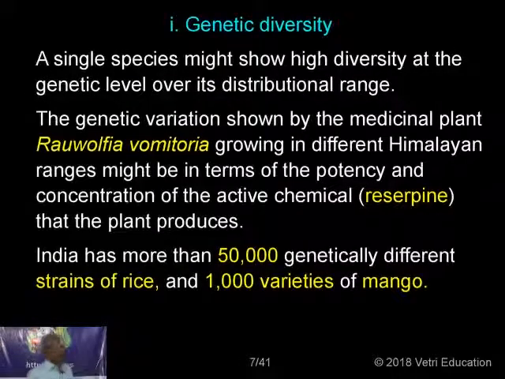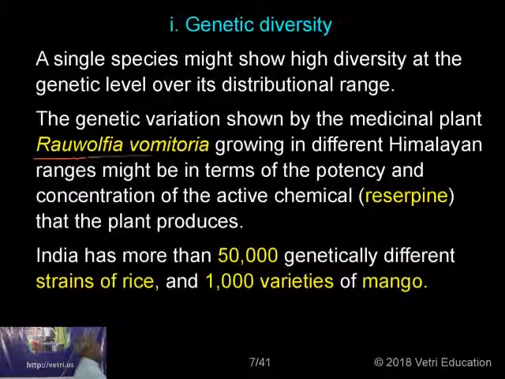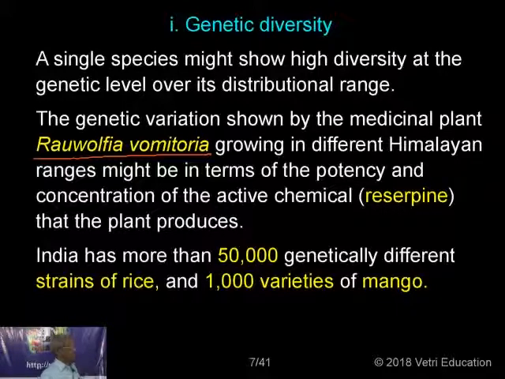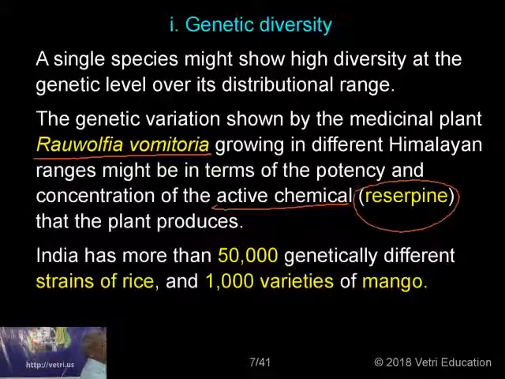First, we are taking up the discussion on genetic diversity. What is genetic diversity? See, in the plant called Rauwolfia serpentina, which lives mostly in the Himalayas, many varieties are there, and these varieties differ at the active chemical level. The amount of reserpine present in Rauwolfia varies from one plant to another.